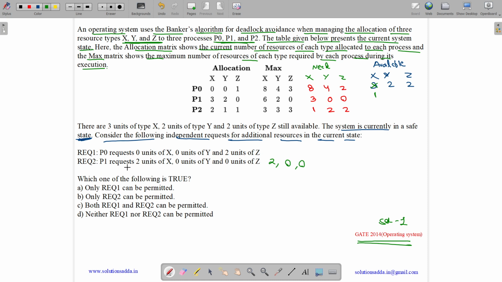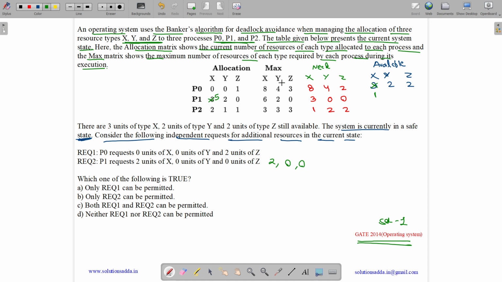So P1 is requesting this. So P1 gets 2 units of X, so allocated gets incremented by 2, 3 plus 2, 5. We get it like this. So this is our current state.